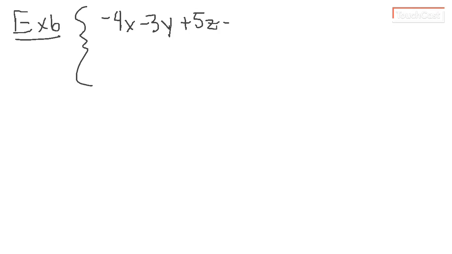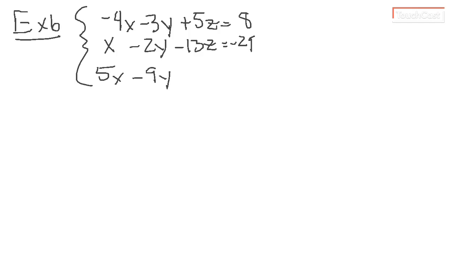Example 6, final example, we're going to have the system negative 4x minus 3y plus 5z equals 8. Our second equation is x minus 2y minus 13z equals negative 29. Our last equation is 5x minus 9y plus 2z equals 53.